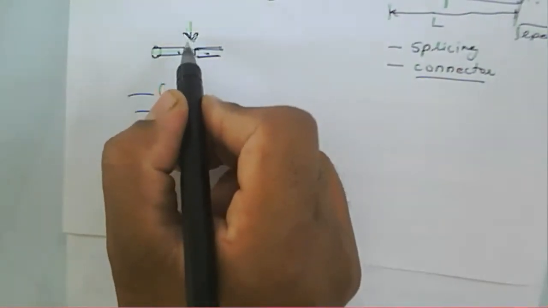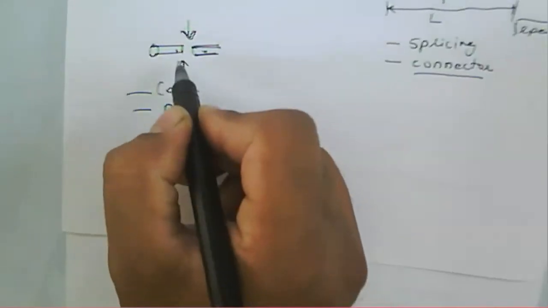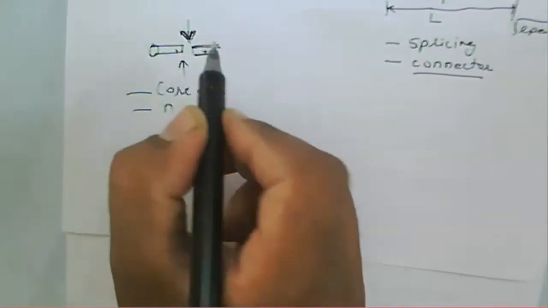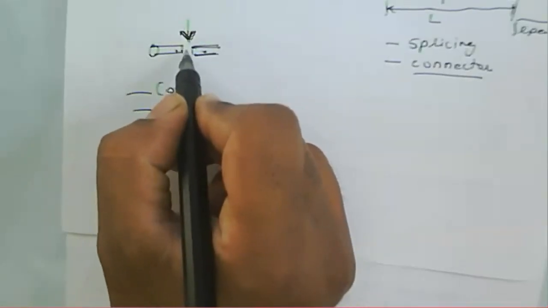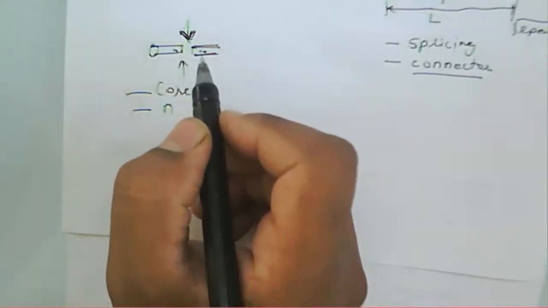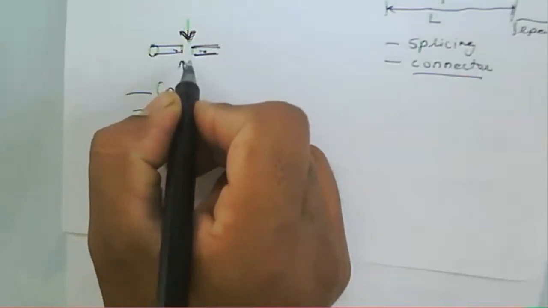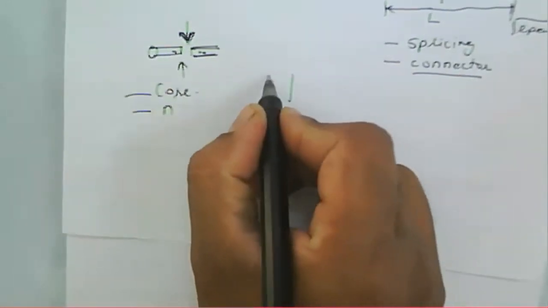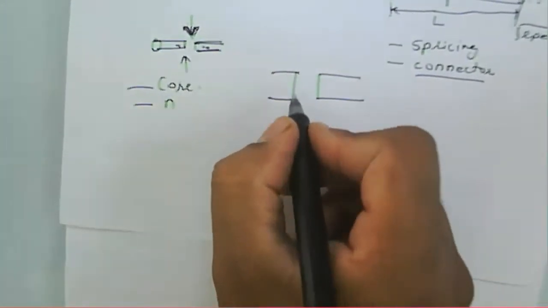and even if we connect two fibers with the same values, there may be losses, and those losses occur at the interface between these two particular fibers. Why do these losses occur? When we connect two fibers, this is one end of a fiber, this is the other end.